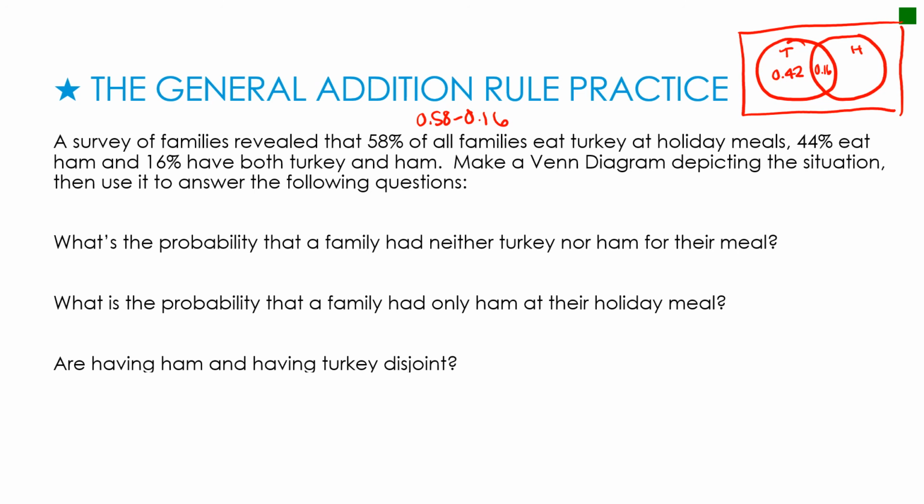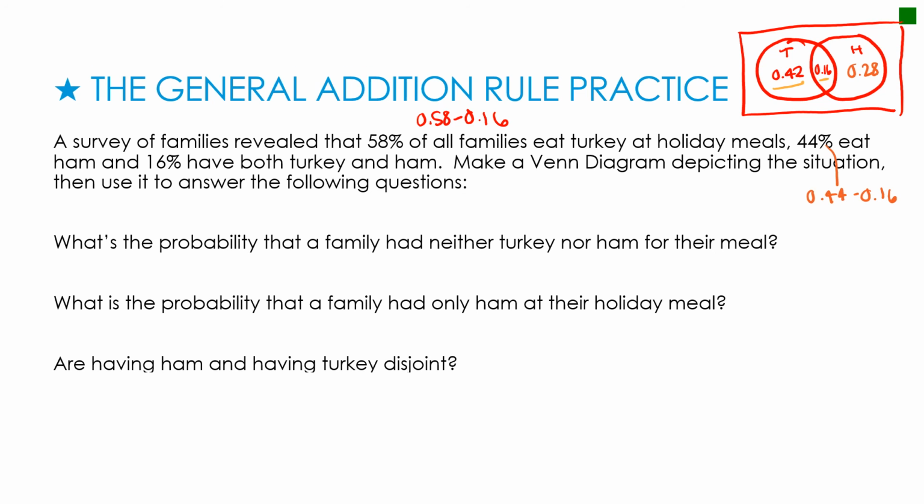And so remember, just so we're clear, this 0.42 is people who eat turkey but don't eat ham, because the people who eat both are in the middle. And then I would take 44%, which eat ham, and I would again subtract the 0.16 to get 0.28.